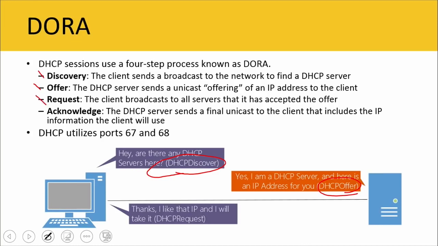And then the DHCP server sends a final unicast message to the client that includes the IP information. ACK is short for acknowledgement. Quick point too, as we discussed in a previous slide: just like all protocols, DHCP uses ports, specifically ports 67 and 68, okay?